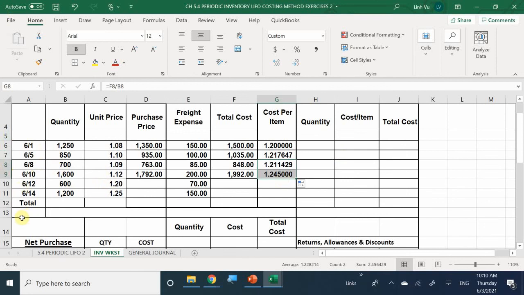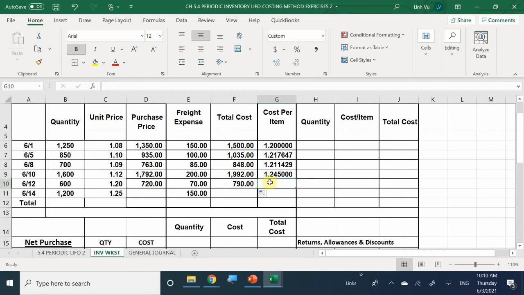Next, on June 12th, we purchased an additional 600 units at $1.20. What is my purchase price here? $720. Plus $70 of freight gives me a total cost of $790.